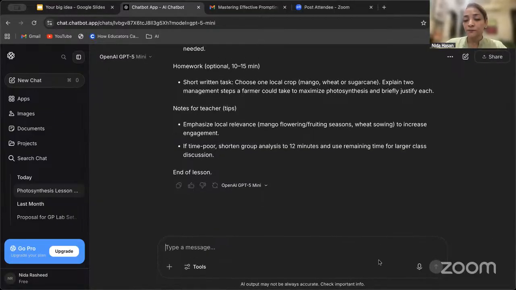For example, I can tell ChatGPT, I want you to create this lesson plan using evaluation skill for my students.